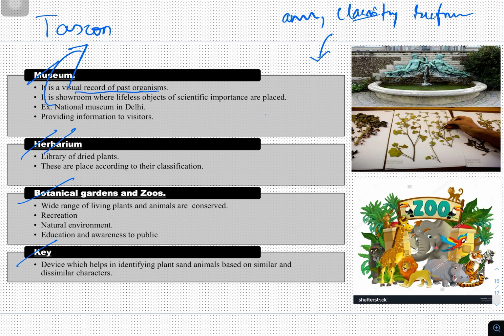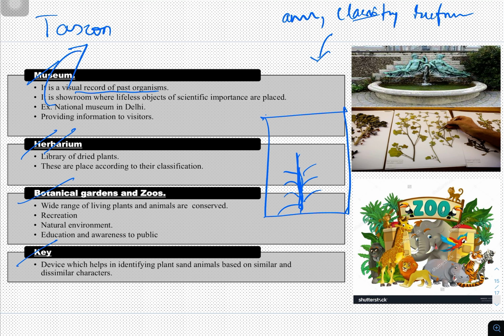Herbarium is a library of dried plants. It is only of plants. When a plant species has been identified and classified, institutions maintain records of that plant.